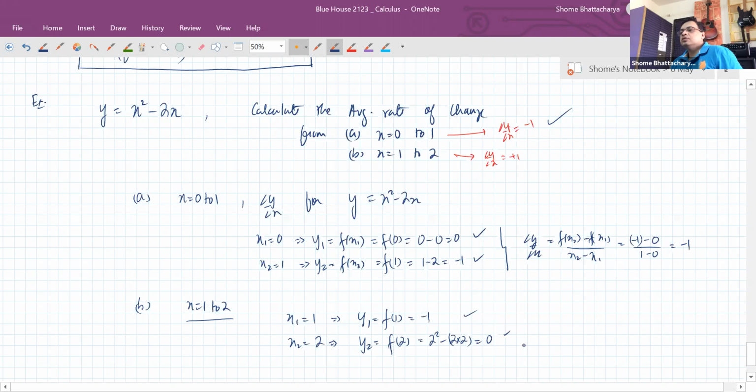So these are the values. Now delta y by delta x becomes 0 minus of minus 1 divided by 2 minus 1. So that becomes plus 1.